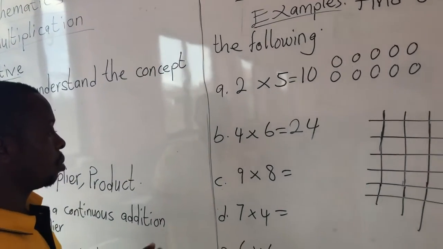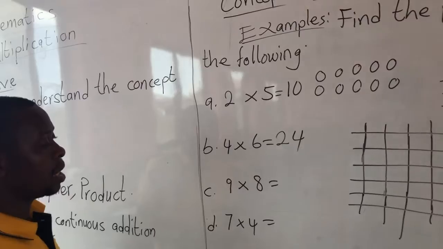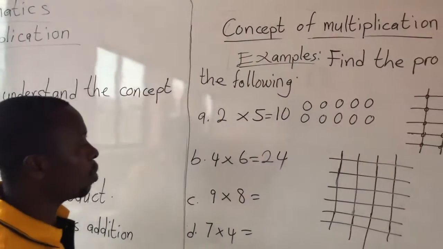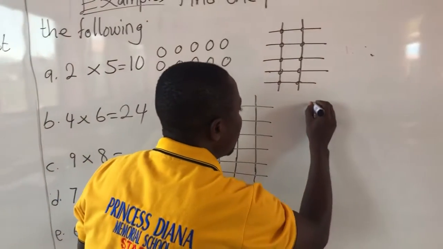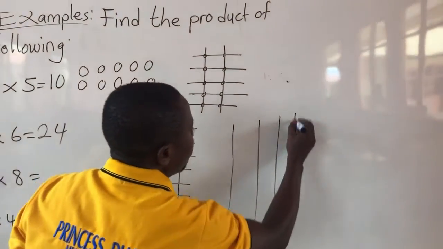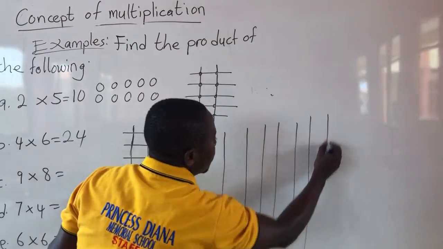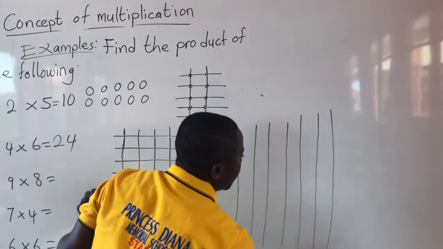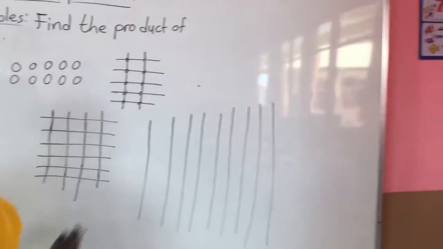Let's continue with the next one, which is 9 times 8. In this, the multiplicand is 9, so we are going to draw 9 lines: 1, 2, 3, 4, 5, 6, 7, 8, 9. Good. Now times 8.